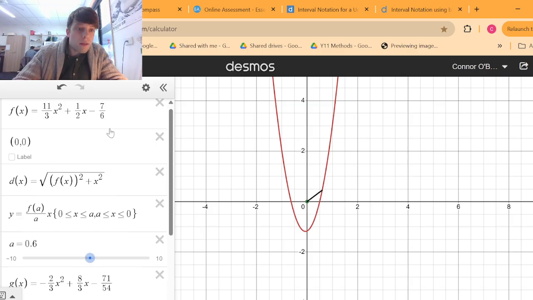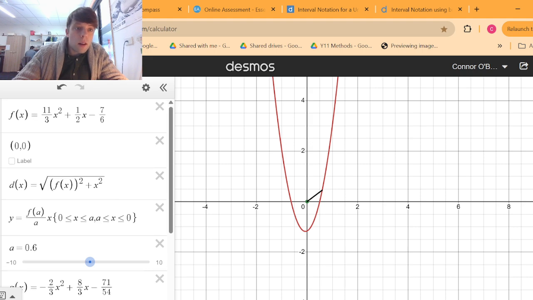All I've done here is plug in the equation f of x, and I've also found the equation of the segment that connects the point 0, 0 and this point.